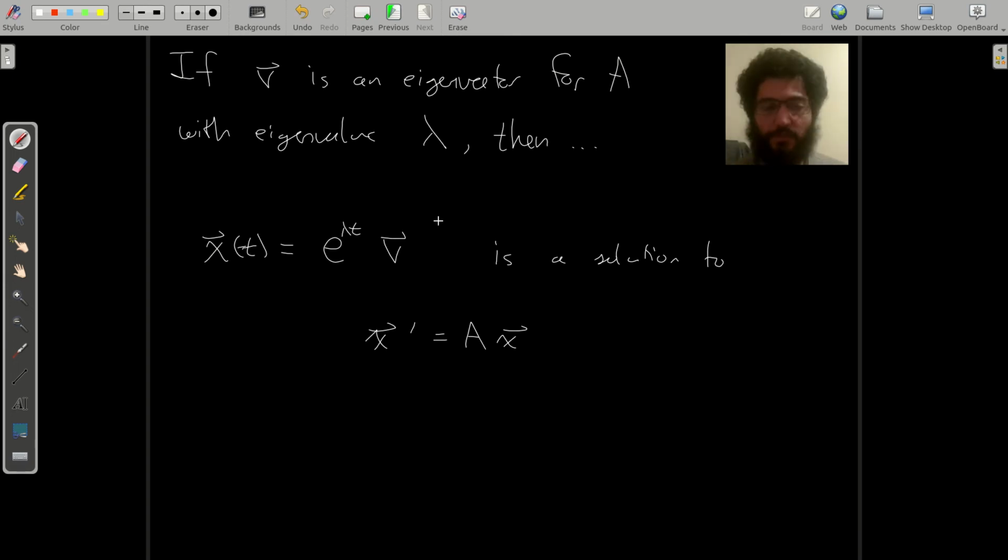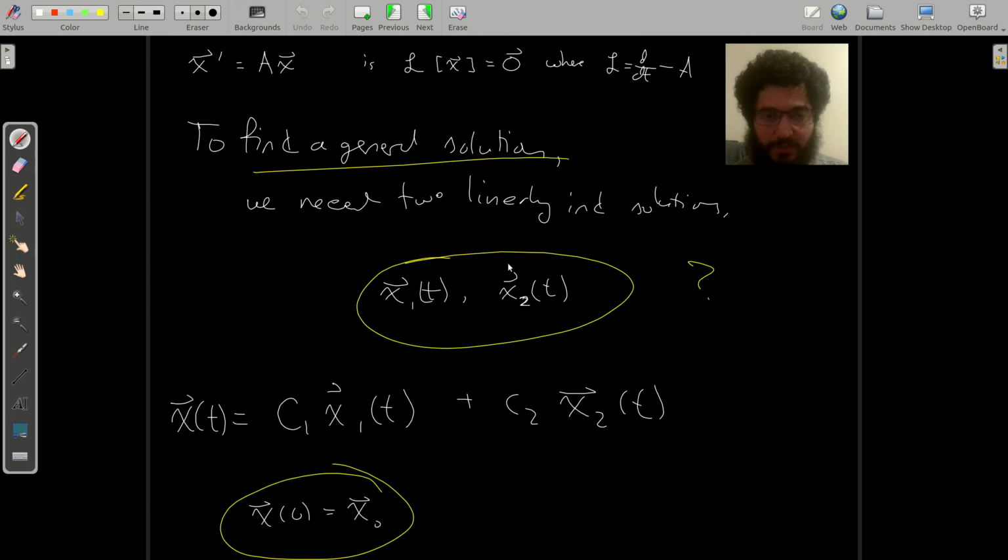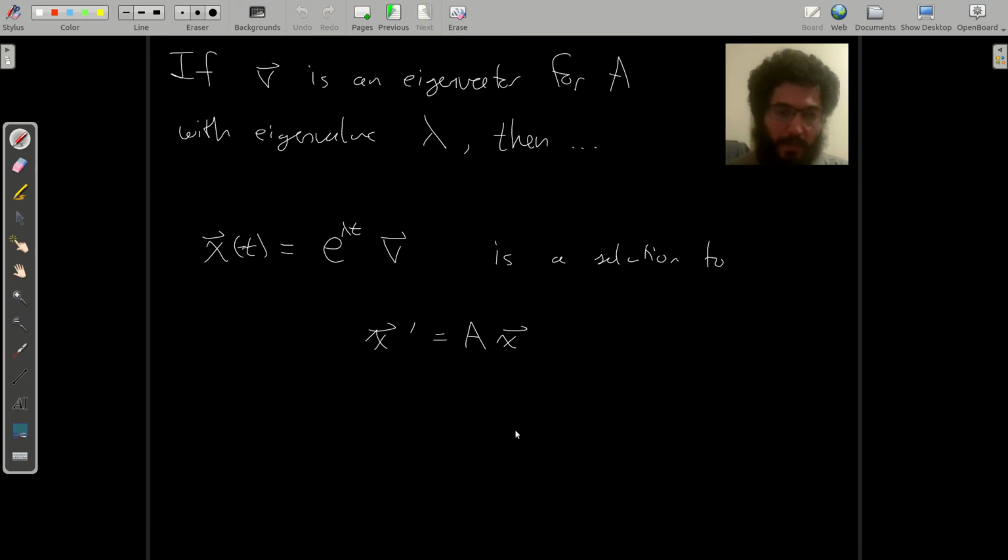So this is why we were concerned with solving the eigenvalue problem for A. And this is the key to everything, basically, in Chapter 4, and with solving linear systems of differential equations. So this is where we will get our linearly independent solutions that we need. Okay, so let's see that this is true. It's very easy to check.